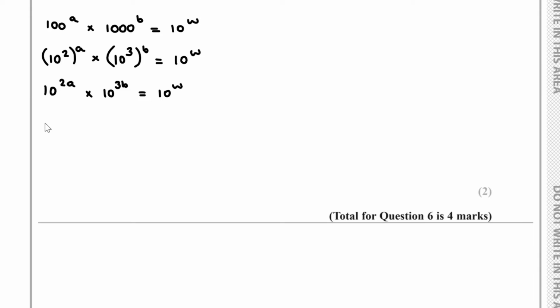So here we've got 10 to the power of 2a plus 3b on the left hand side. On the right hand side, we've got 10 to the power of w, and therefore comparing the powers, you can see w is equal to 2a plus 3b.